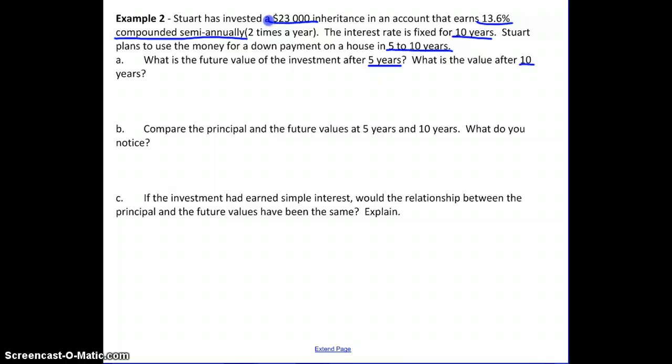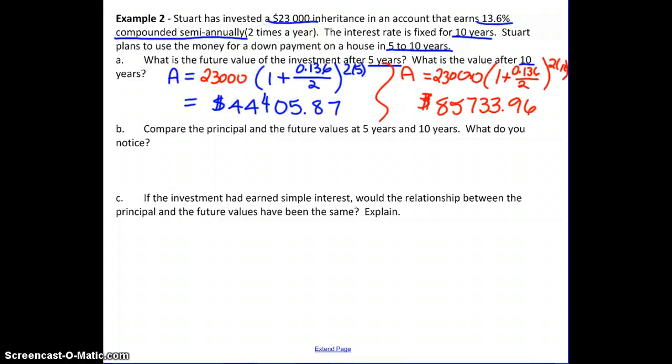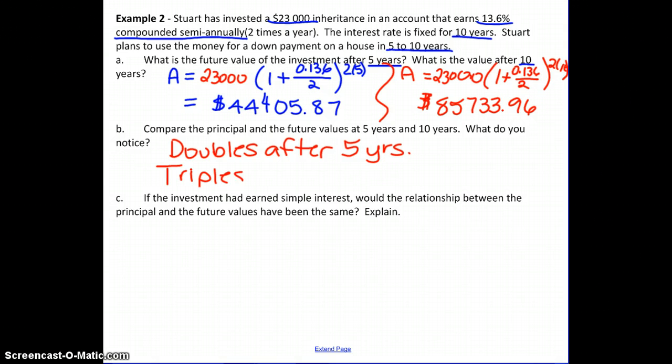So we're actually going to do the compound interest twice. So you can compare here the amount after 5 years and the amount after 10 years. What do you notice? Well, we notice that he about doubles his money after 5 years, and he over triples over 10 years.